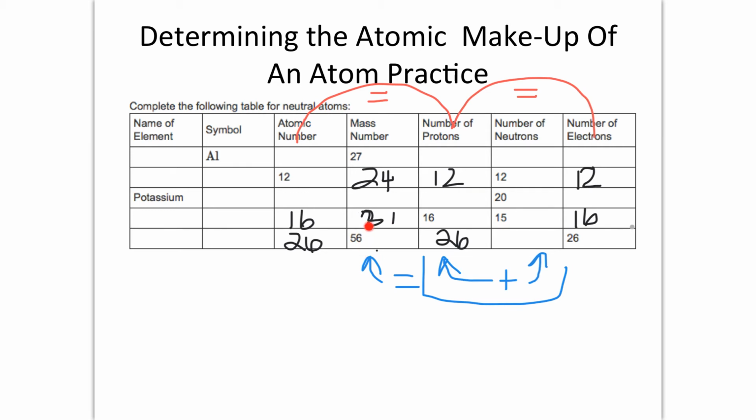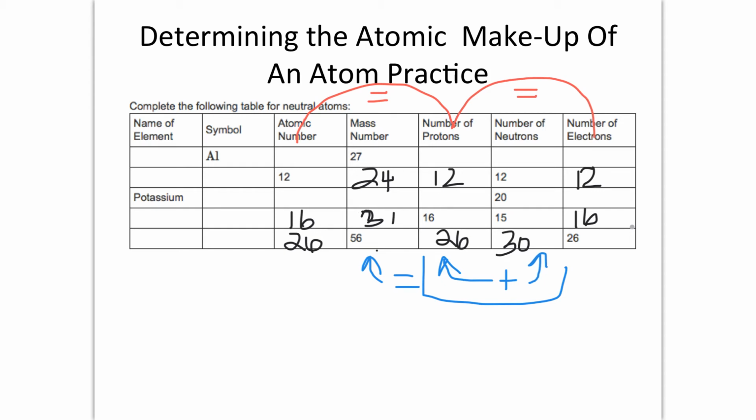And we know that 56 has to be equal to the number of protons plus the number of neutrons. So we don't know what the number of neutrons is. We certainly can get it. 56 minus 26 must equal the number of neutrons, and that would be 30. So far so good.